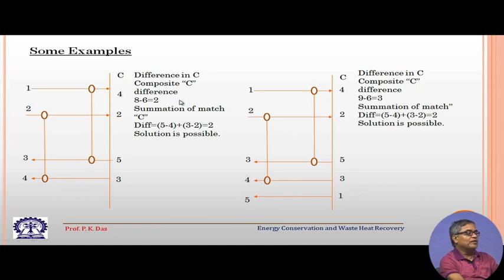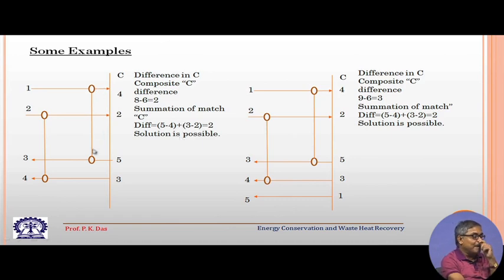The composite C on this side is 8 and on this side it is 6. So, 8 minus 6, that is 2. Then the summation of match C.